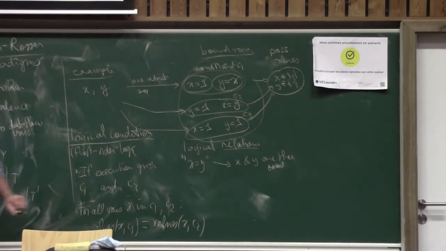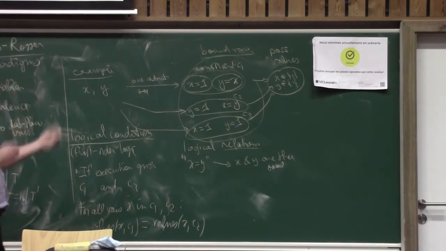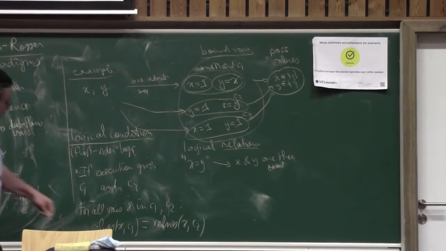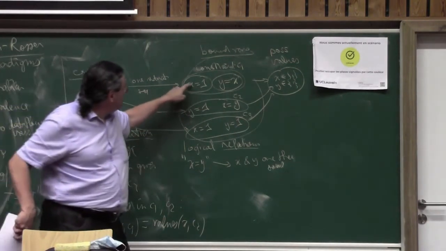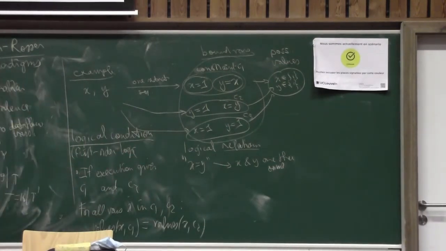Okay, I don't want to give a course on logic here, but I just want to tell you that the result is actually the same. Even if the variables are bound in different orders, the possible values for the variables are the same. Here, both x and y will always be equal to 1.